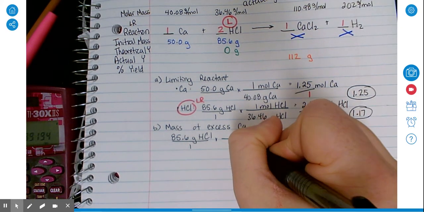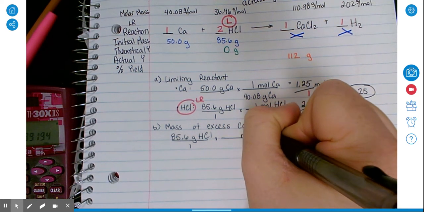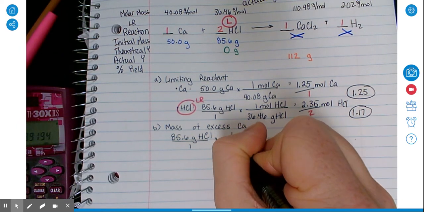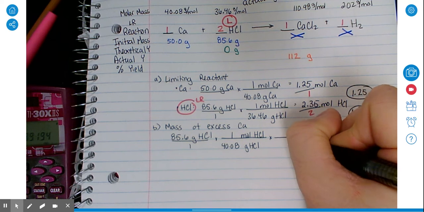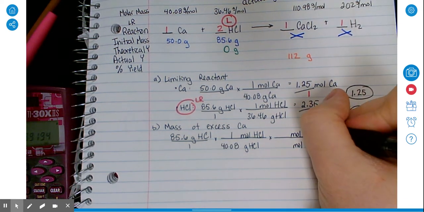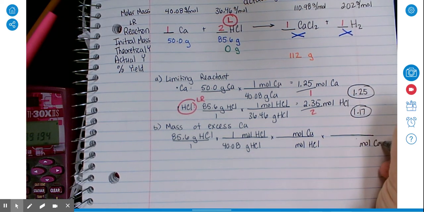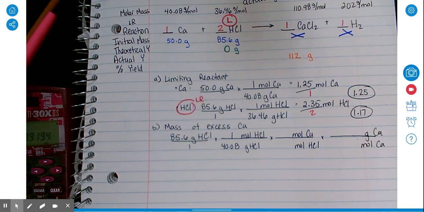From grams of HCl, I can go to moles of HCl, using the molar mass. From moles of one substance, so from moles of HCl, I can go to moles of another. My goal is to get to calcium. And from moles of a substance, I can go to grams of that substance.